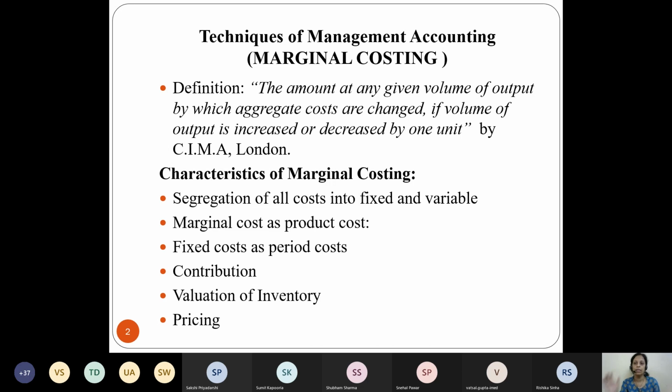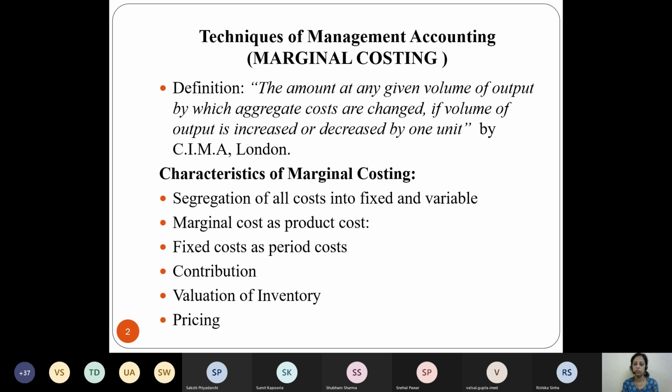Selling price minus marginal cost. So if you observe, fixed cost is kept aside in marginal costing. Valuation of inventory is done on the basis of marginal cost. In the same way, pricing is also done on the basis of marginal cost. So everywhere you are going to consider the marginal cost of the product.